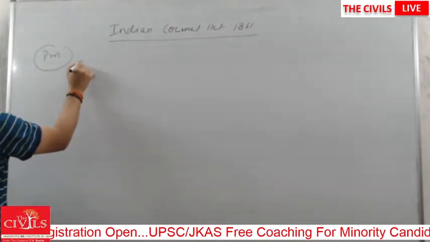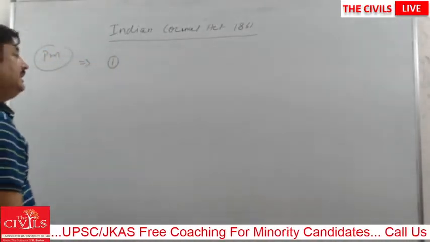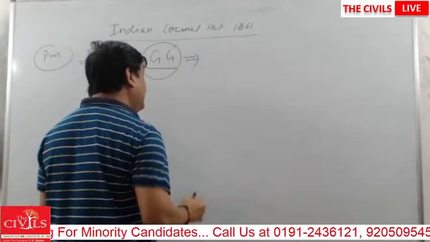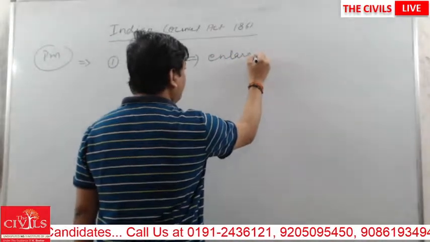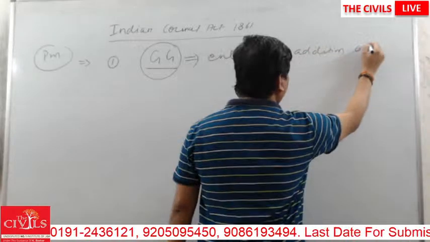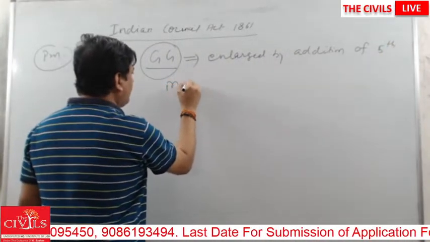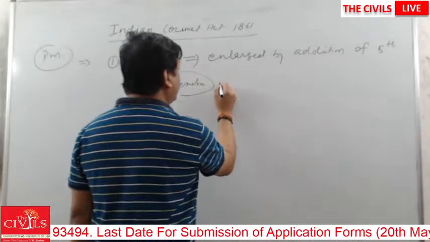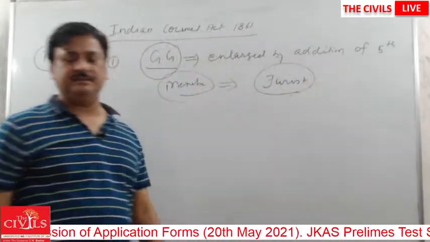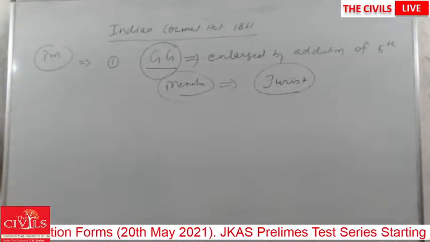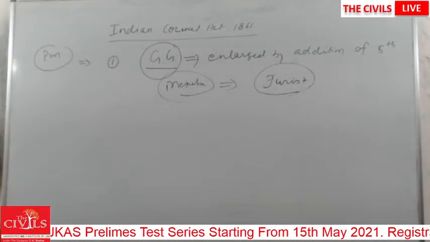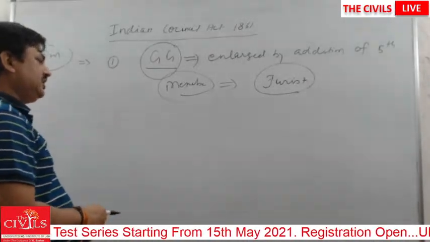The first provision was that by this act, the Council of the Governor General was enlarged by the addition of a 5th member.